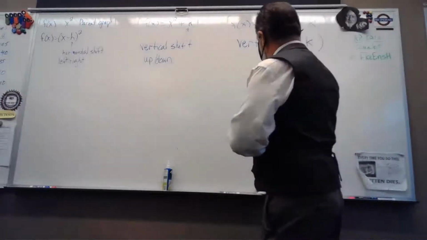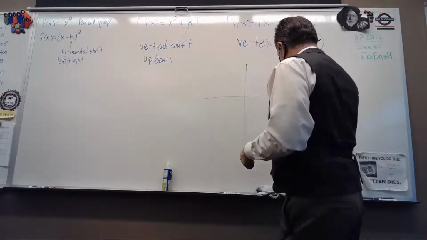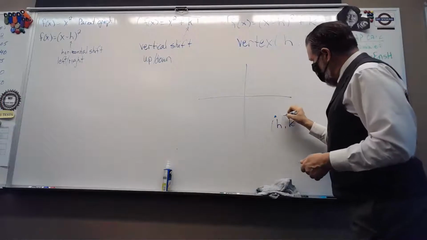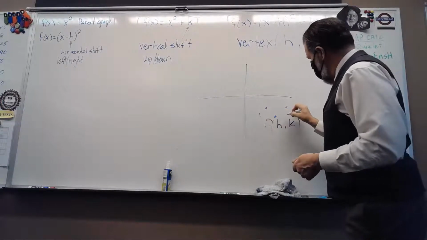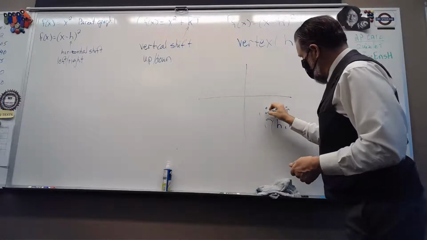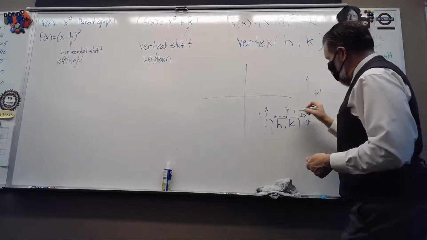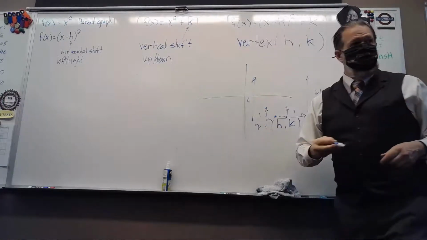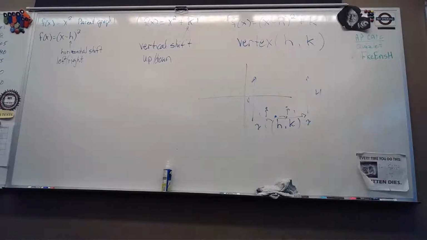And we know that when we graph it, we've got a vertex at h comma k, and it goes 1, 1, 2, 4. Every time.